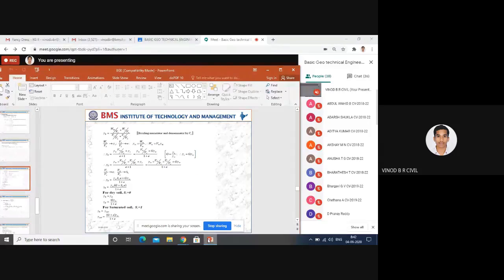You can see that gamma saturation is equal to G plus e into gamma W divided by 1 plus e.